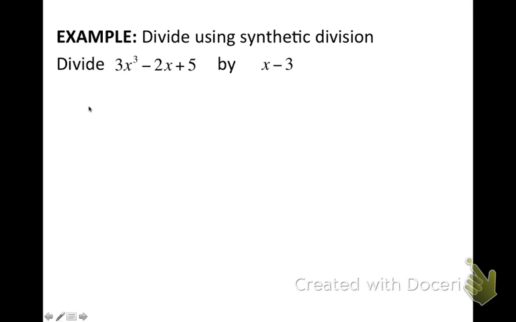So we've got 3x to the third minus 2x plus 5, and we're dividing by x minus 3. So again, I'm dividing by a linear binomial, so I can use synthetic division. What number is going to go into your half box? 3. Good. So 3 goes in the half box.